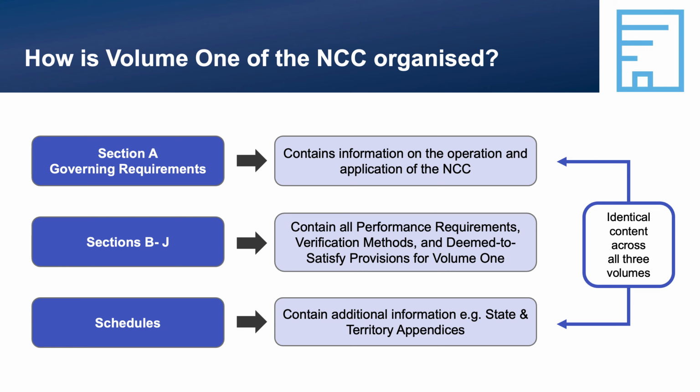This includes performance requirements, verification methods and DTS provisions for building structure, health, independence, comfort and well-being, also known as amenity, safety, including fire safety, access and safe movement, a building's energy efficiency, and a range of other aspects and special building types. DTS provisions for Volume 1 often include specifications which provide detailed requirements for using some DTS provisions. They must be complied with when developing a DTS solution.